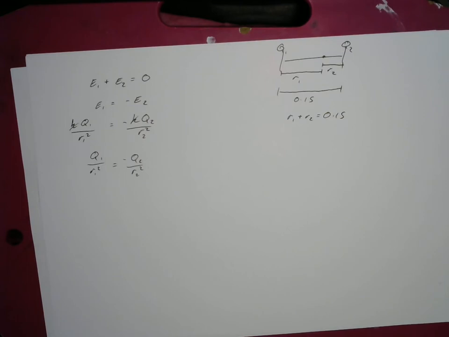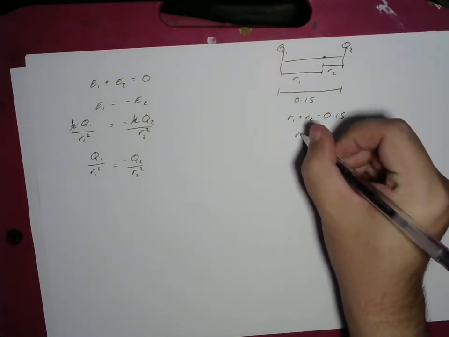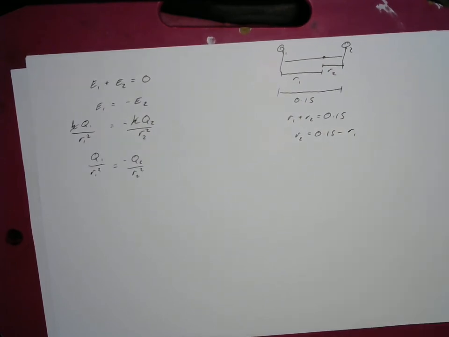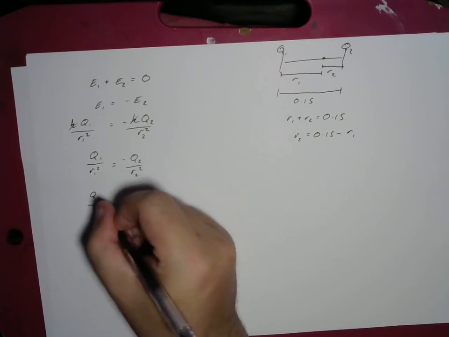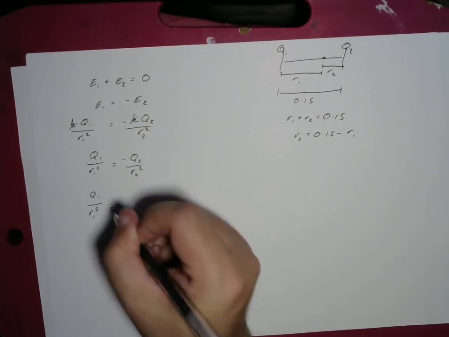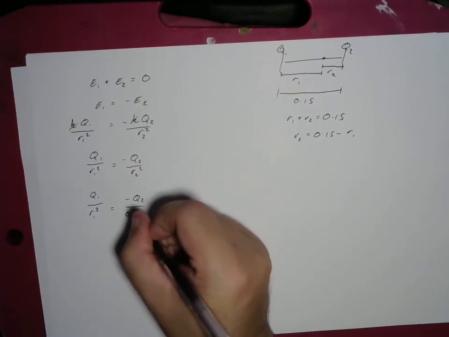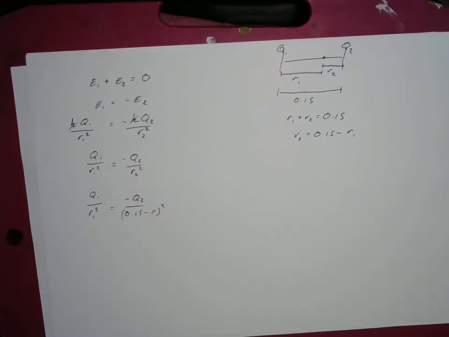We could use 15 and get centimetres out of this, but I'm going to avoid it. I prefer to use SI units. So let's turn R2 into R2 equals 0.15 take R1. And now we can substitute this in, and we get that Q1 over R1 squared equals negative Q2 over 0.15 minus R1 squared.